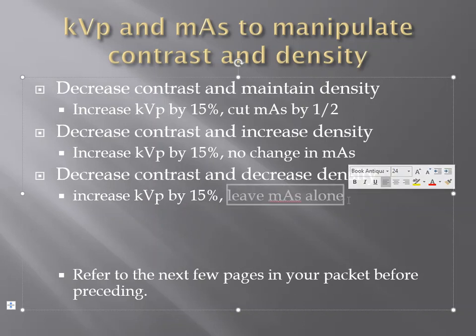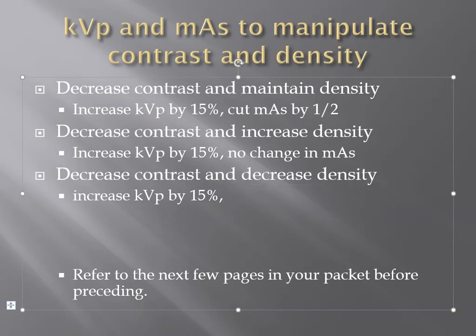And then let's say we want to decrease contrast and decrease density by a factor of 2. So what we're going to do is increase KVP and we're going to cut the mass in half twice.